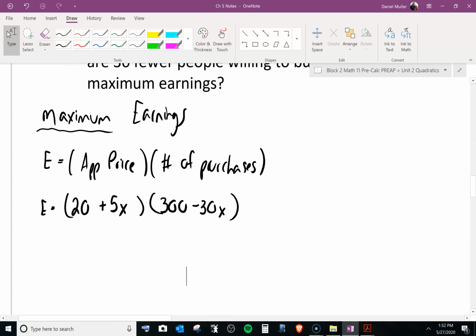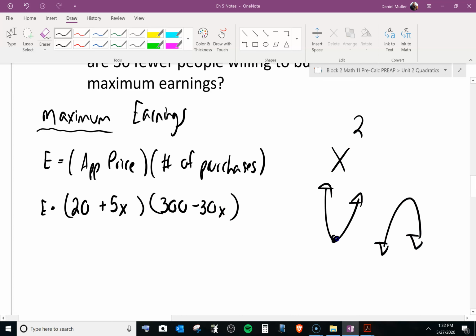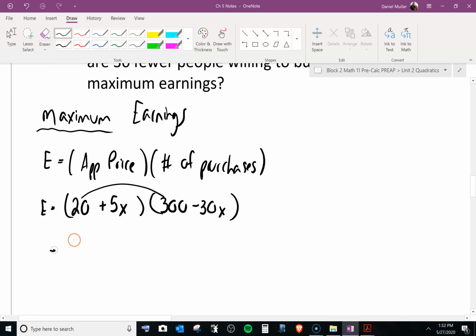And the idea here is now we actually have a formula, and there's two x's. x times x will get us an x squared. And again, whenever we have an x squared, you're going to get a parabola, and if you find the vertex, you can find a maximum or minimum. So that's what we're looking at here. 20 times 300 is going to be 6,000.